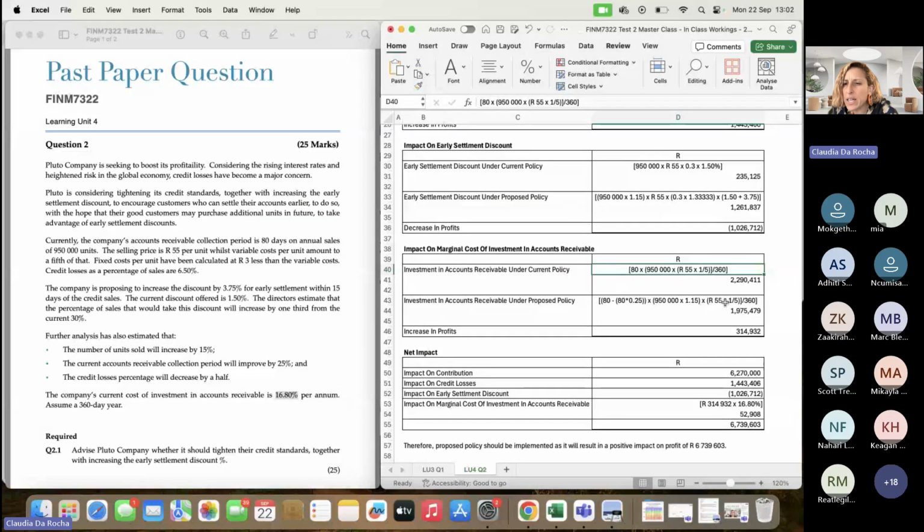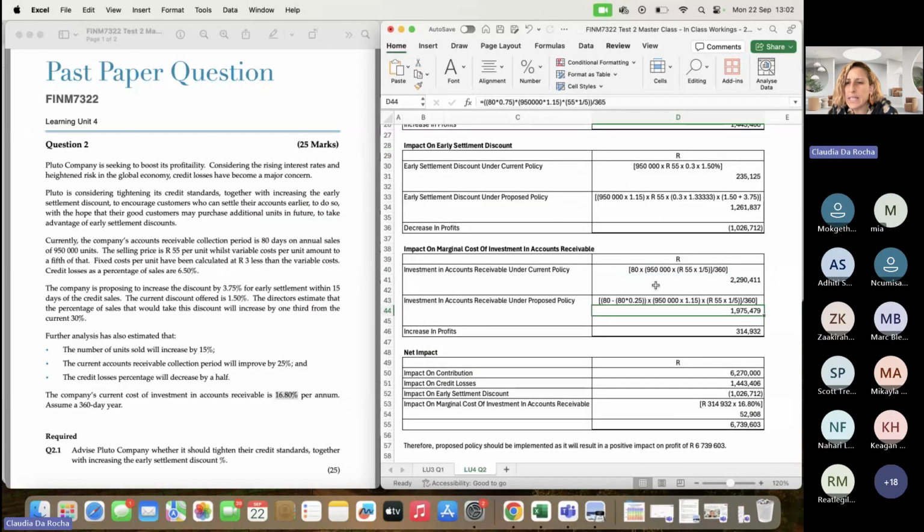Then I have Mark, the 1975. Let me go back to my screen. The 1975 here is the 80 days. I have to reduce it by 25% because they said the collection period will improve. I made the error of increasing it, which means it won't improve, so I've got to reduce it by the 25%.